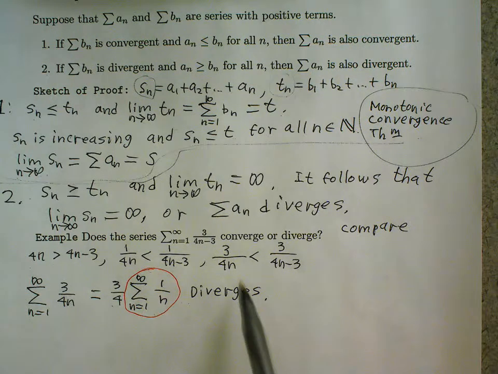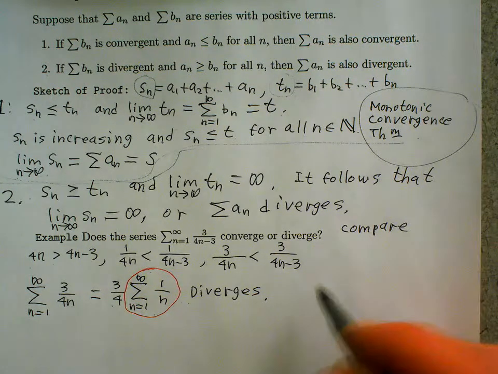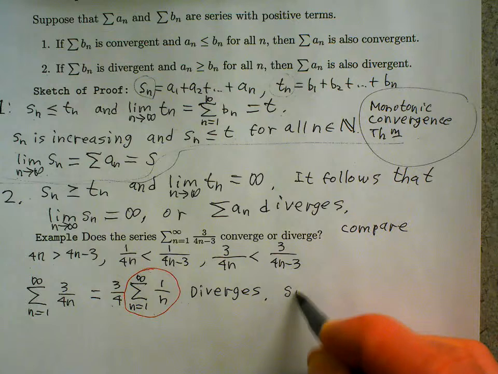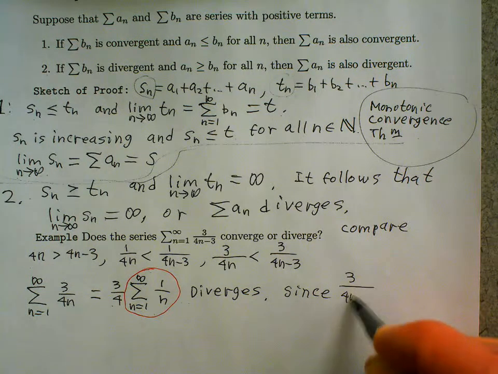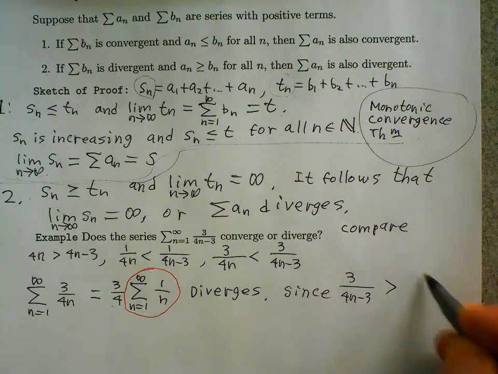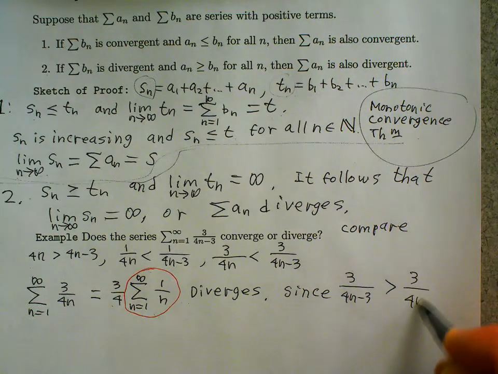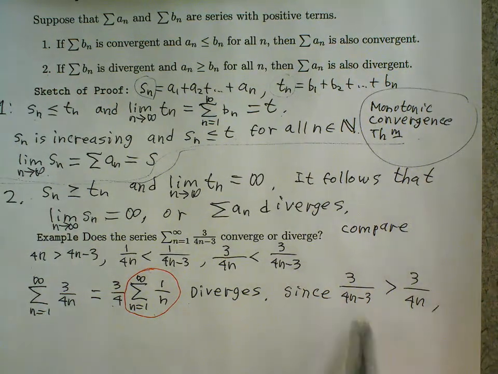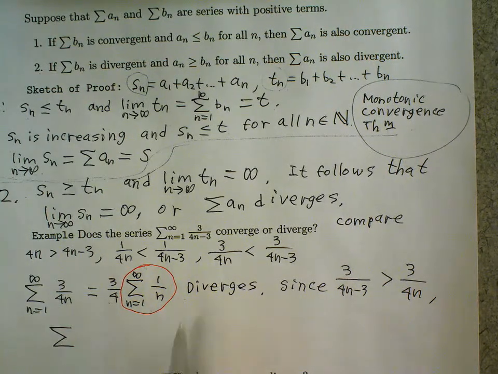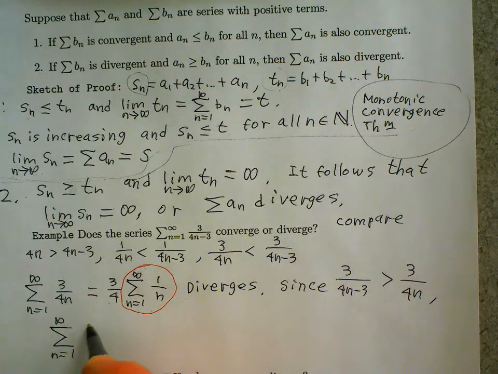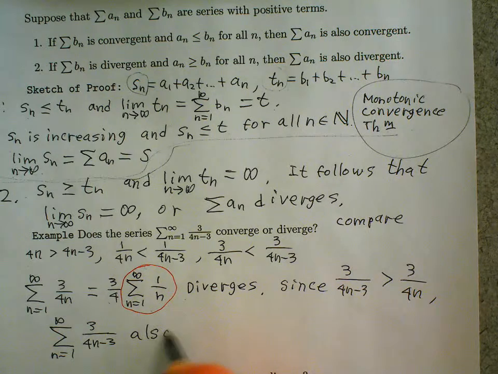And so by comparison, since 3 over 4n minus 3 is greater than 3 over 4n, using the comparison theorem, the given series that we started with also diverges.